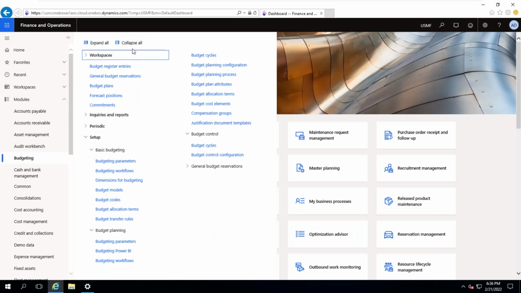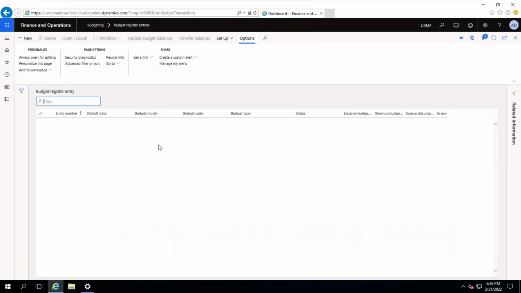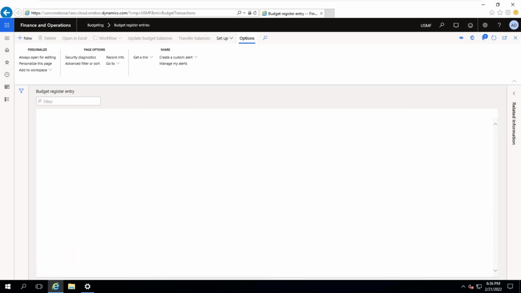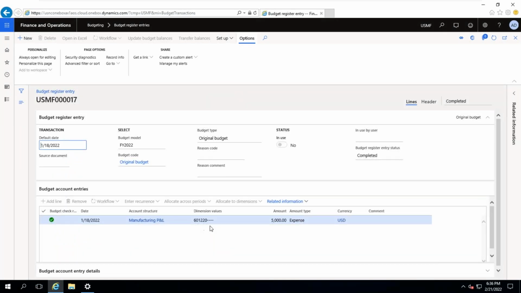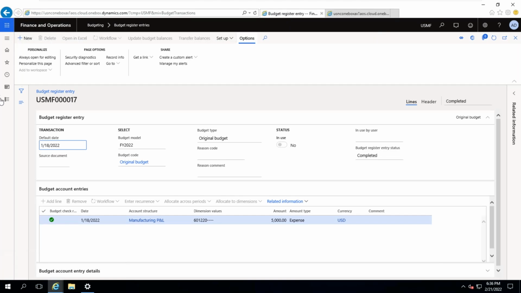First I will show you the end results, then I will explain the setups. This already has some transactions posted for budget register entry. I will create a new ledger account and then I will verify.